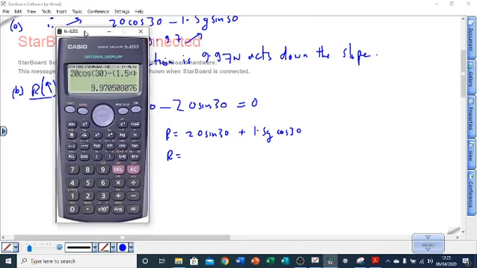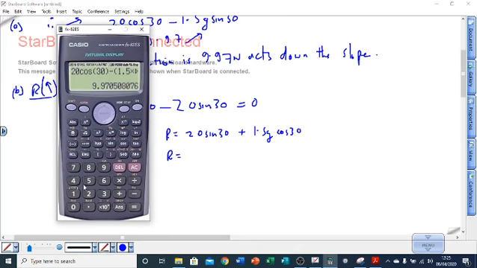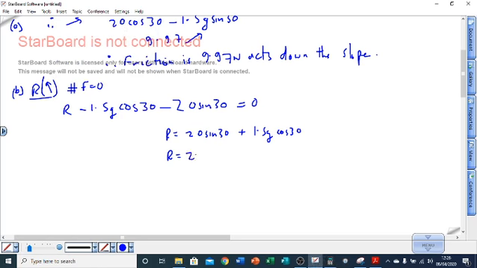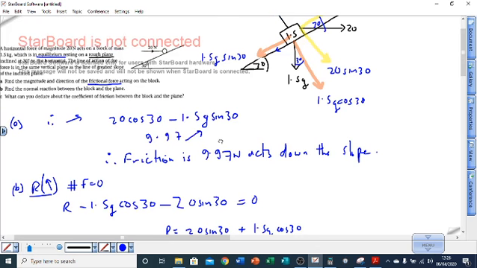We end up with 20 sin 30, well that's 10, plus brackets 1.5 times 9.8 times cos 30, close brackets, equals. So we got R to be 22.7 newtons to 3 SF.